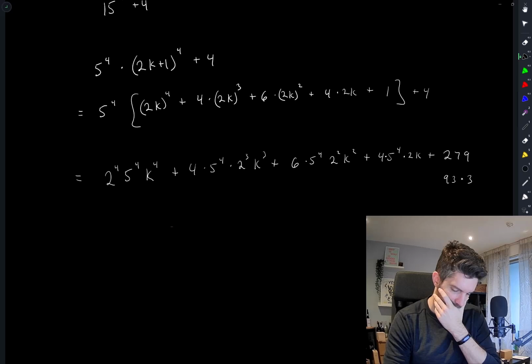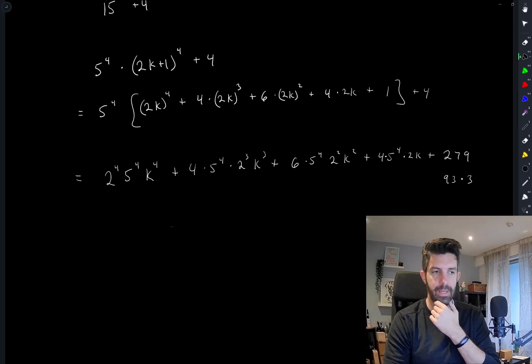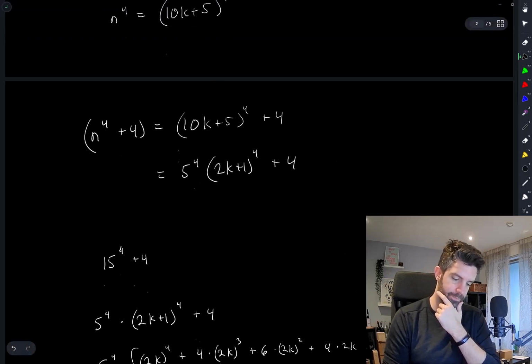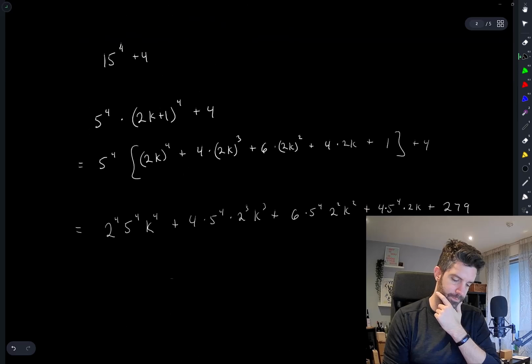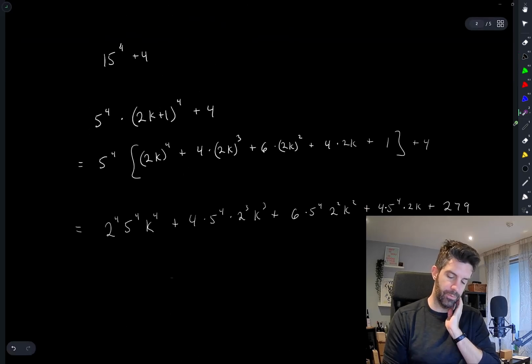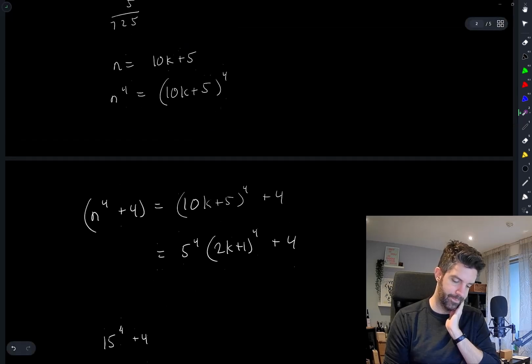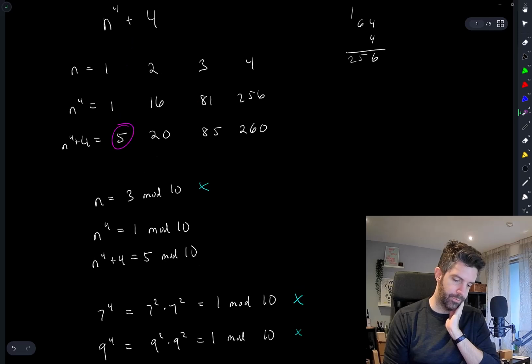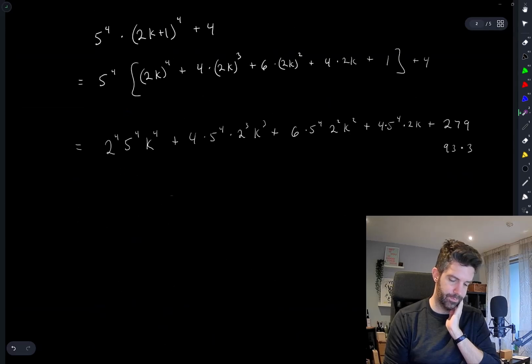So if k is a multiple of 3. Wait. Yeah, if k is a multiple of 3, we do not get a prime. But that doesn't rule out everything.